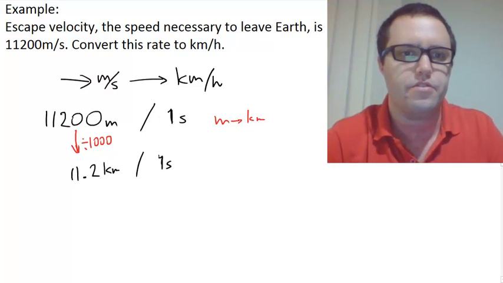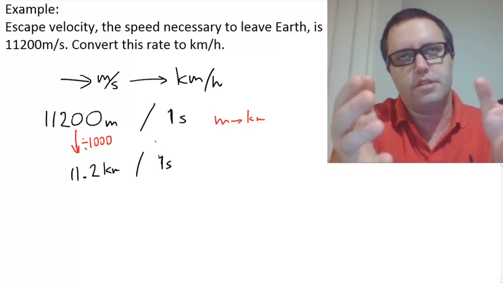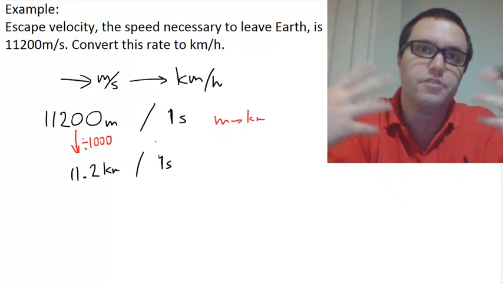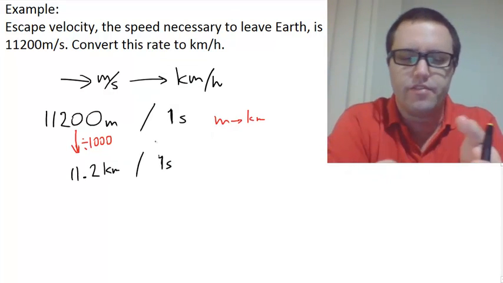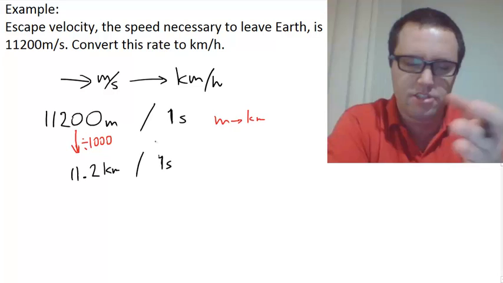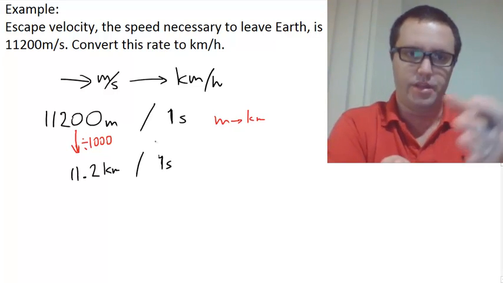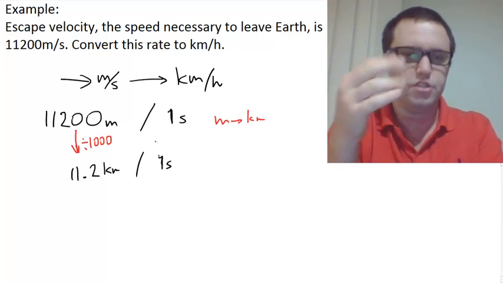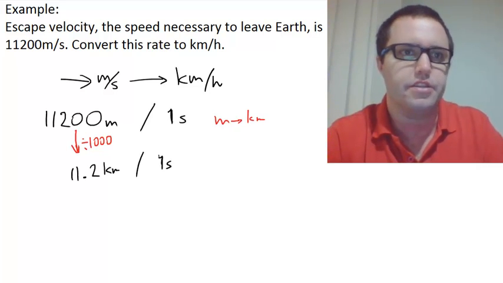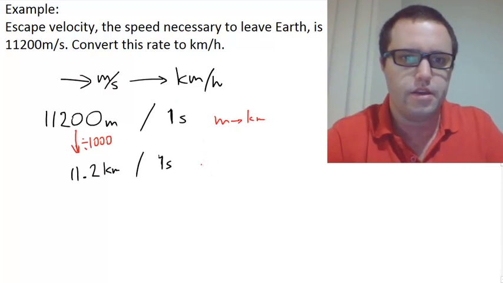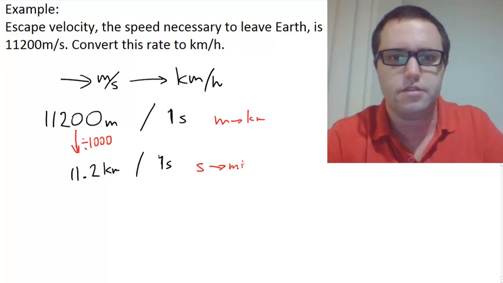Now we have to go from kilometers per second to kilometers per hour. So a way to jump there is to go from per second to per minute, and from per minute to per hour. So we're now going to go from seconds to minutes.